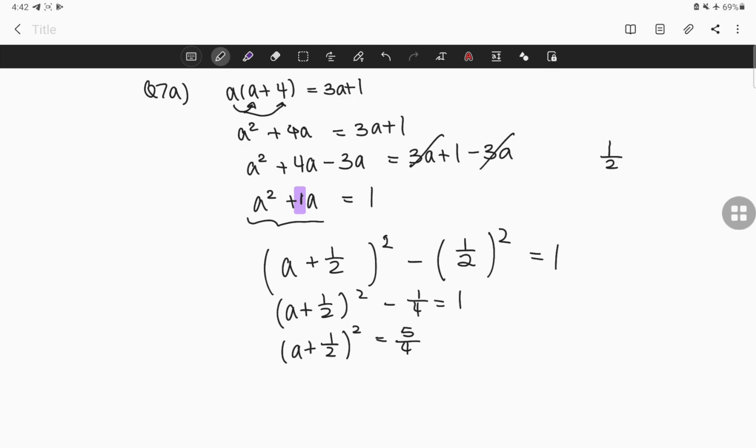All we need to do now is square root both sides of the equation, and that would give us a plus half on the left hand side and plus or minus the square root of 5 over 4. You can choose to remove these two brackets as well, but keep this.